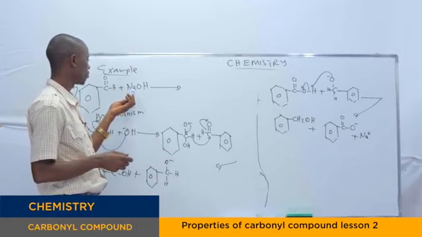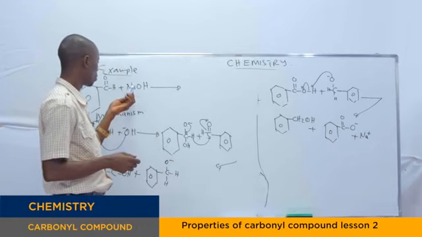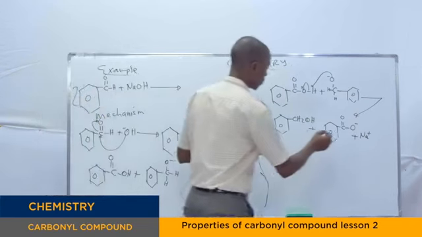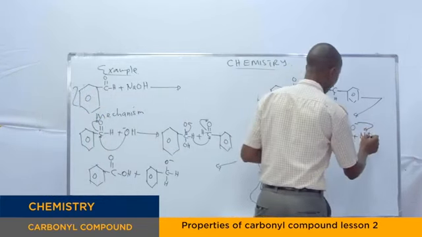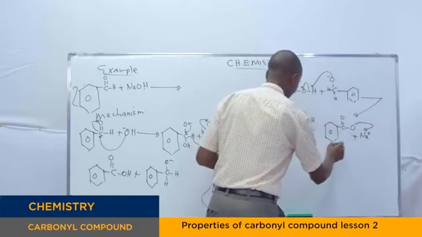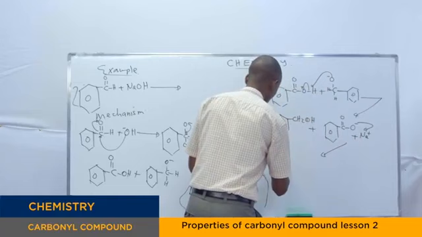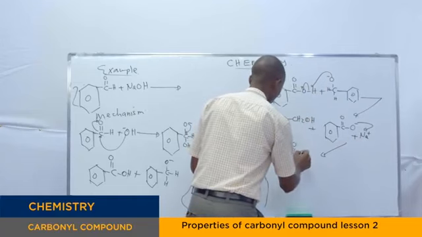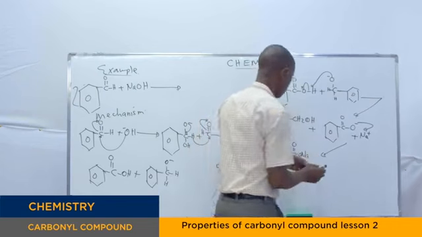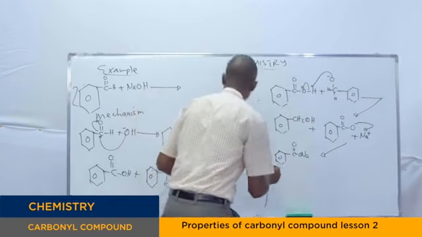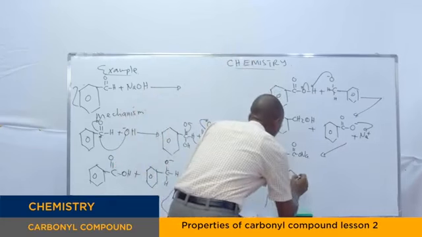Sodium hydroxide breaks down to produce sodium ion and hydroxide ion. Now this sodium ion will be taken there, and the product here finally will be as follows. This is sodium benzoate. So the overall reaction here, we can write it as follows.